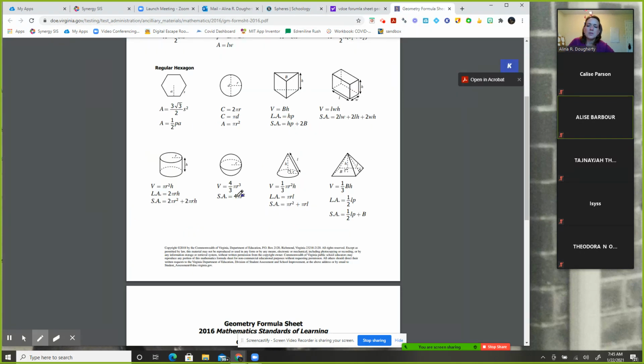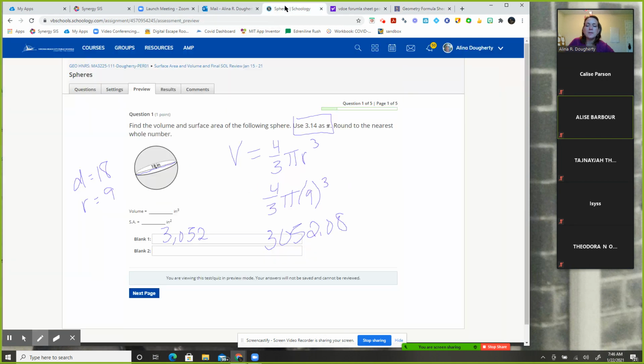And then if we look for surface area, 4 pi r squared. We just got to put that in the calculator.